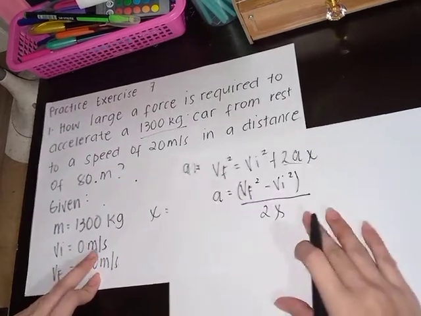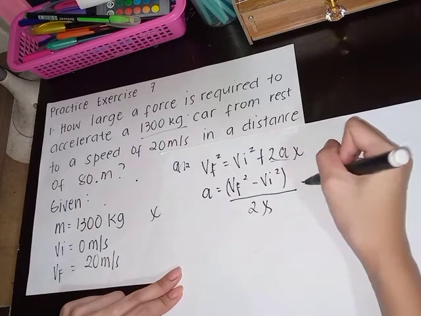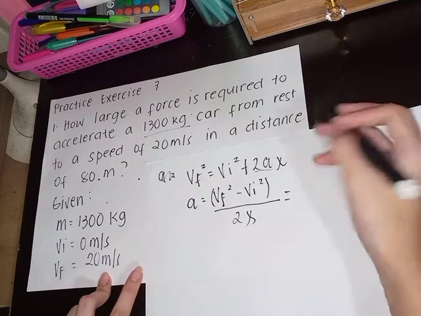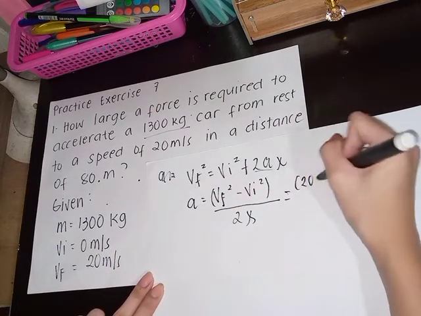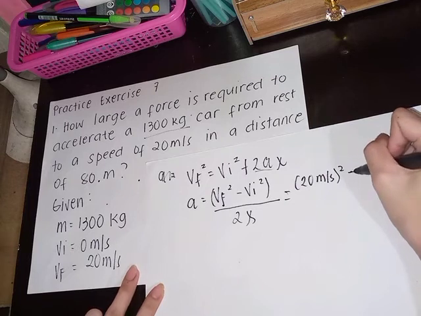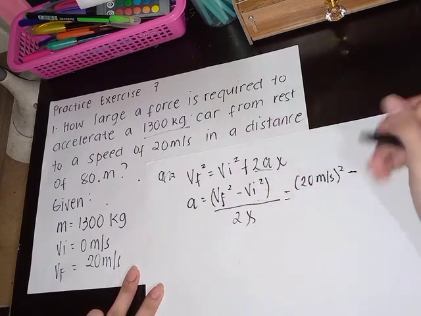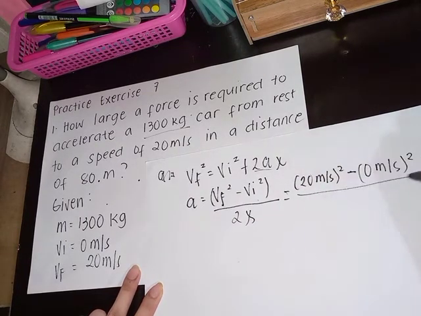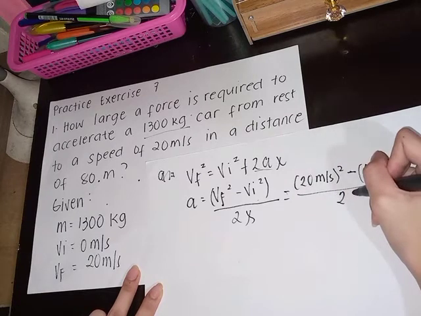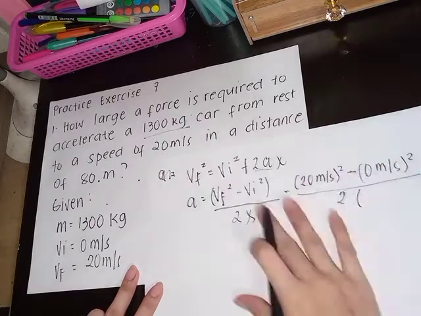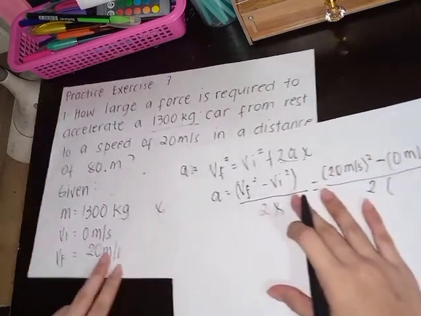So, kailangan na lang natin is i-substitute yung given. So, we have the final velocity, which is 20 meter per second squared minus the initial velocity, which is 0 meter per second, and then it is also squared over 2, and then yung distance, which is 80 meter.